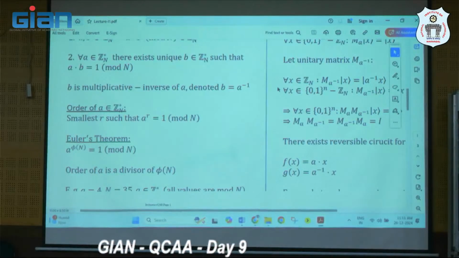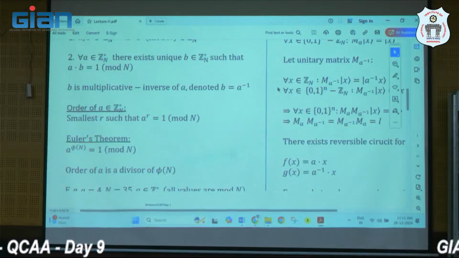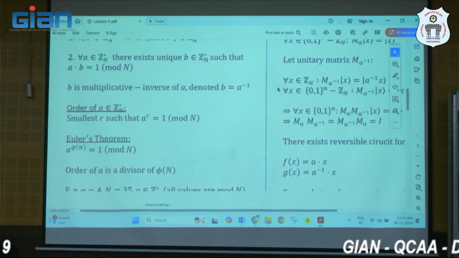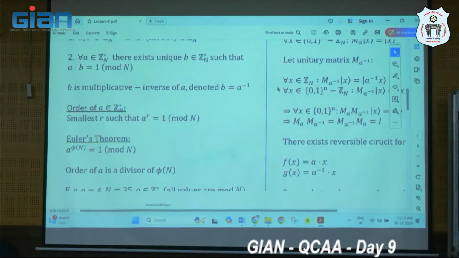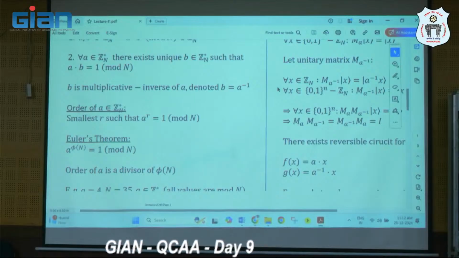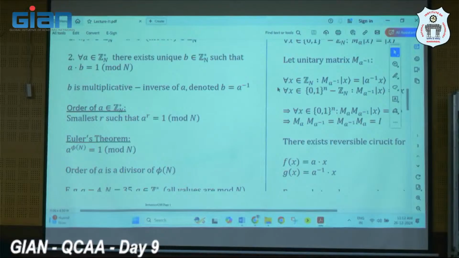And order of A, so that means there is some R which will become 1, correct? A to the R will become 1. R is the smallest such R. Order is the smallest such R. You know, A to phi n will definitely be 1, but can be something smaller also, right? So smallest such number, so that A to that number is 1, is called the order of A in Z star n.